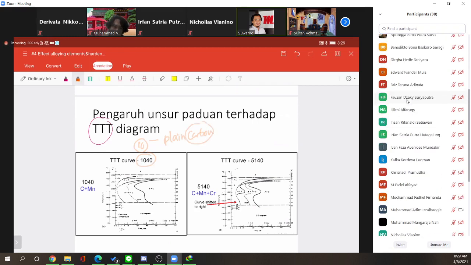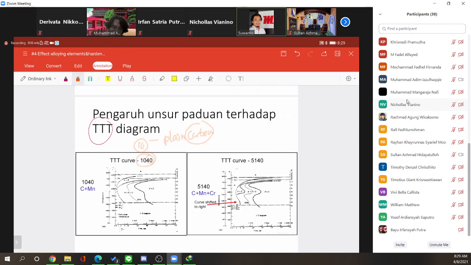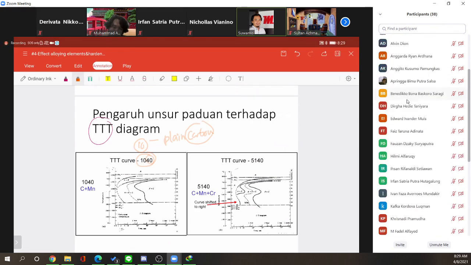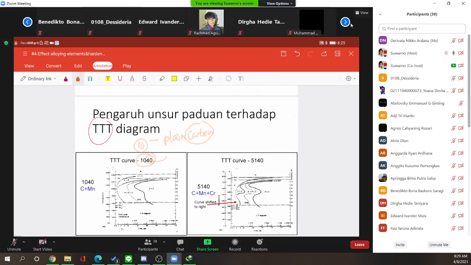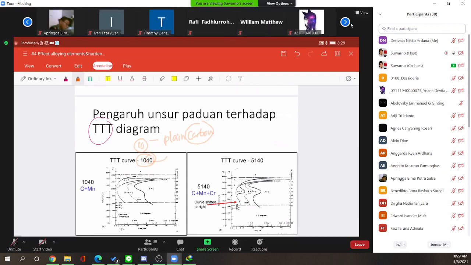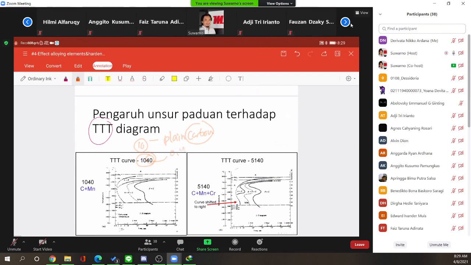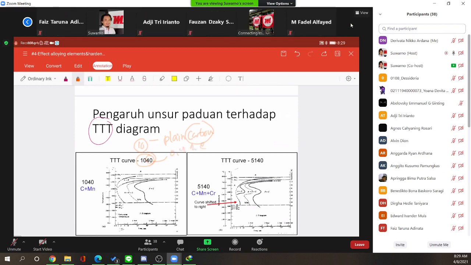And this 40, the last two digits on this symbol, give you an idea about the carbon content. This is 0.4% carbon.